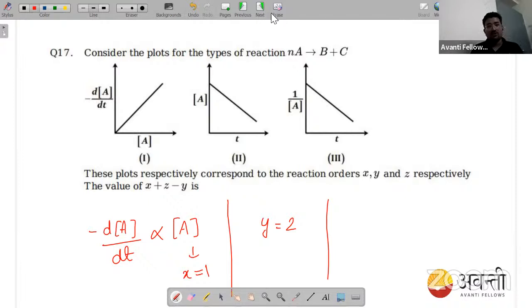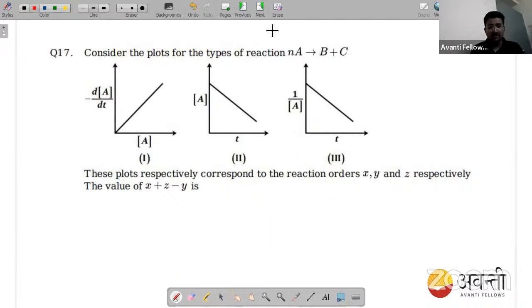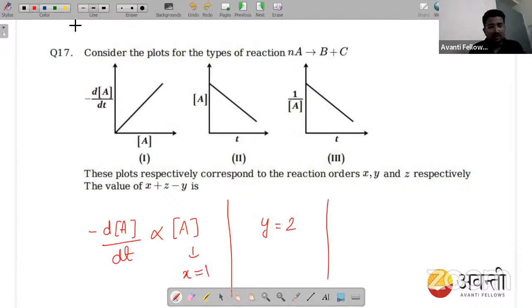Just let me erase it. Just give me 1 minute. It's not 2 because here you can clearly see it is showing a straight line, and we know that for a zero order reaction At equals A naught minus Kt. If we plot this equation, then we will get this type of graph. That means y equals 0, representing a zero order reaction.